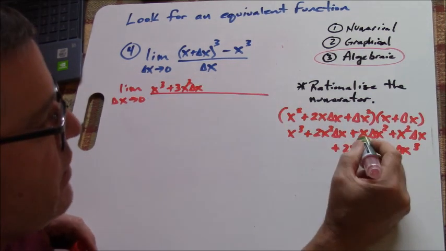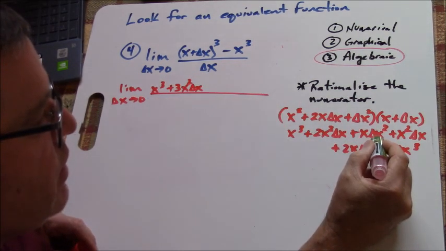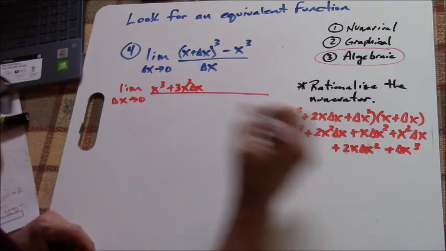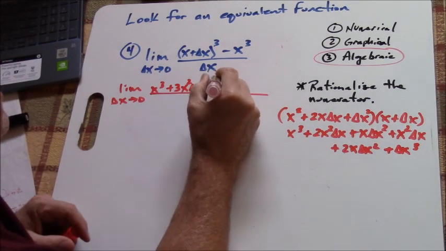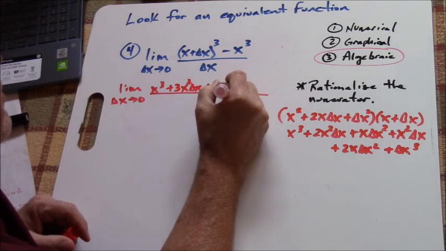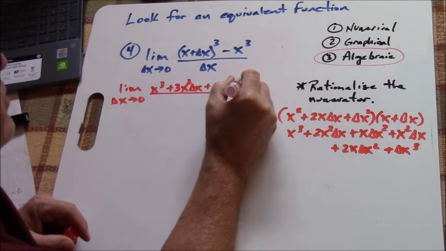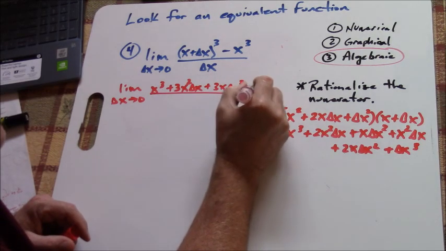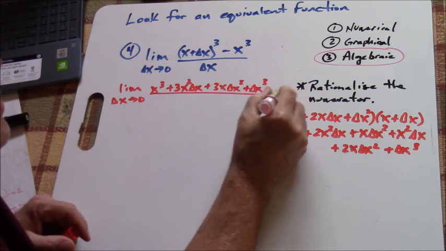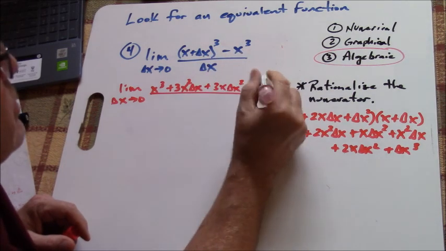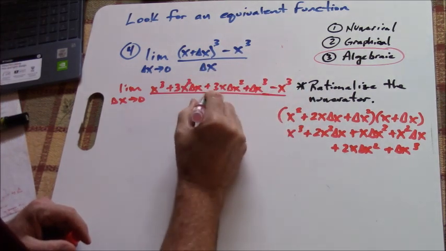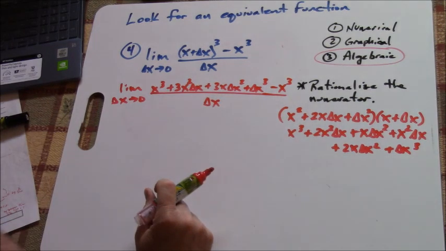And then I've got an x delta x squared, and here's 2x delta x squared. So you add those, you get 3 of them. So plus 3x delta x squared, and then I got my delta x cubed, and then minus this x cubed. Still have a delta x in the denominator.